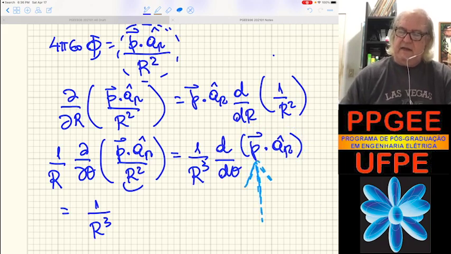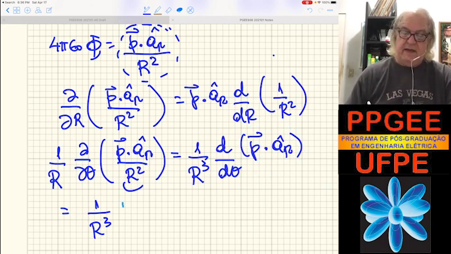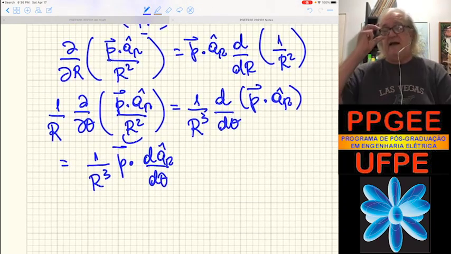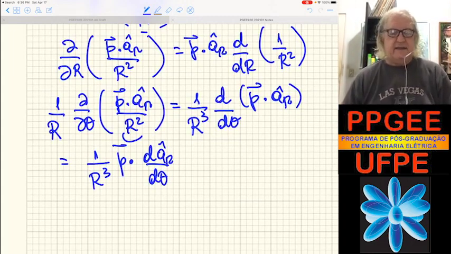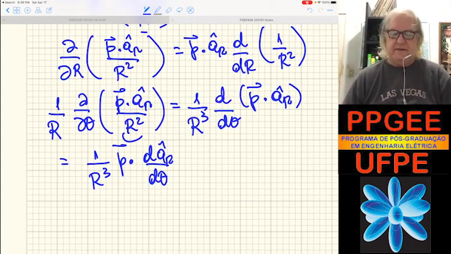This element is constant, so this is going to be P dot d a_R d theta. We have done that before, I hope you did it in your homework assignments.